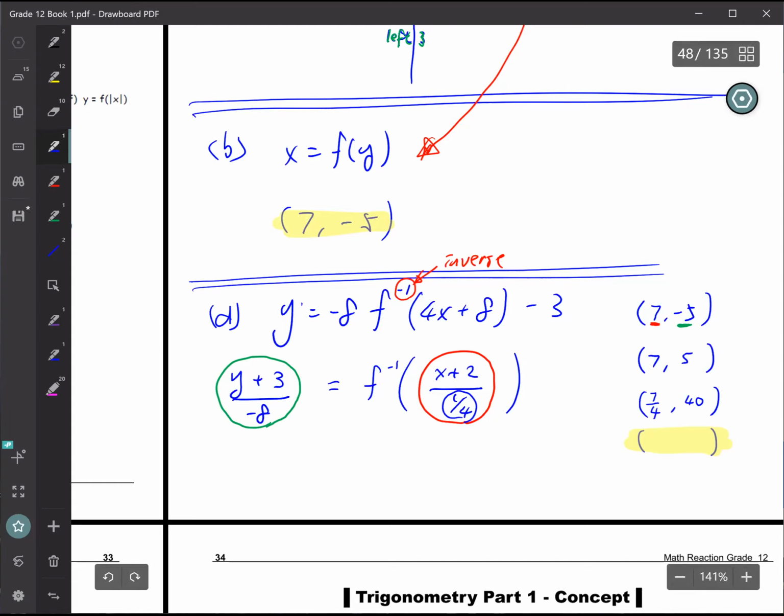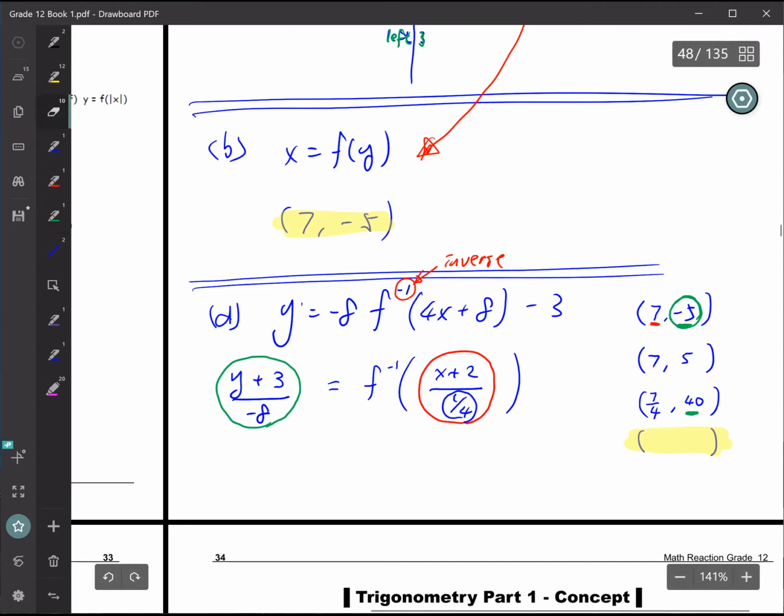If you want to go straight to 40, then you need to start from 7, negative 5. If you look at -5, -5 times -8 will give you the 40. But because we break it down, we do the negative and then we do the expansion. That's why it's still positive there.